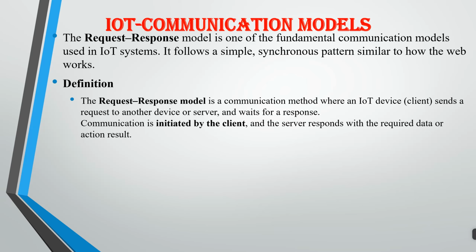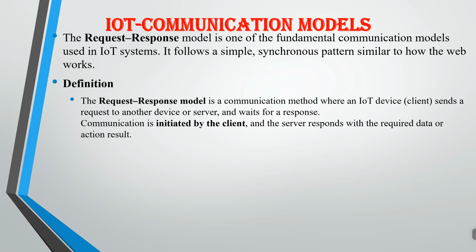So the sensor is sending the data or request to the server, stating that yes, there is a need to irrigate. Let us switch on the irrigation. Please send a command to switch on the irrigation. So this is a request sent from the IoT device, and this device is considered to be a client.